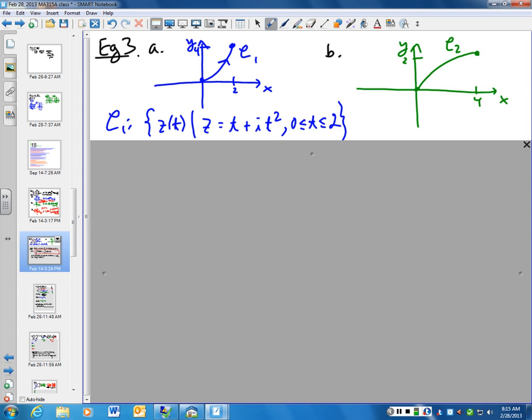You don't have to use t there. The reason t is handy is you don't have a preconceived notion that it's representing any particular component. Often you think of x as representing the real component, but in this case you can think of it as t plus i t squared. Often we use t, but you could use a different letter if you wanted to.